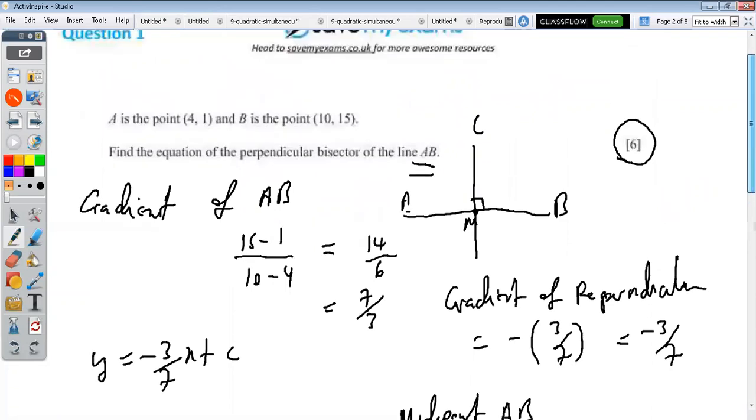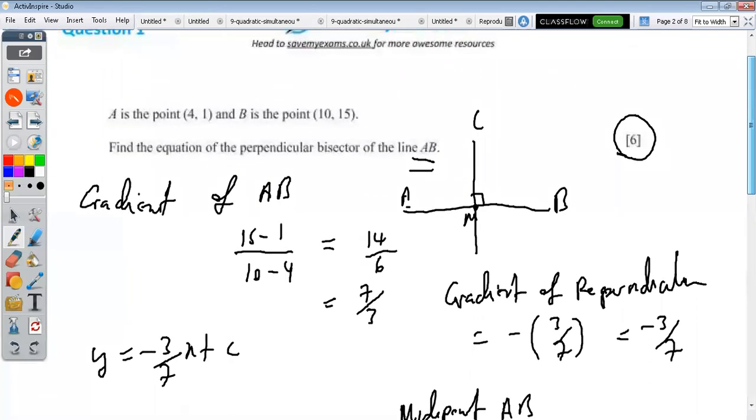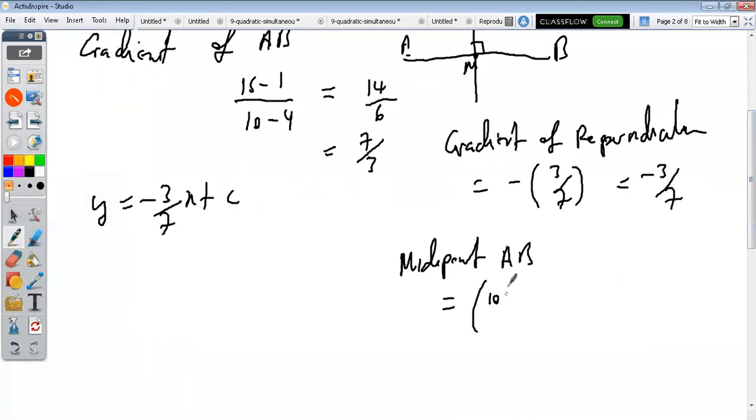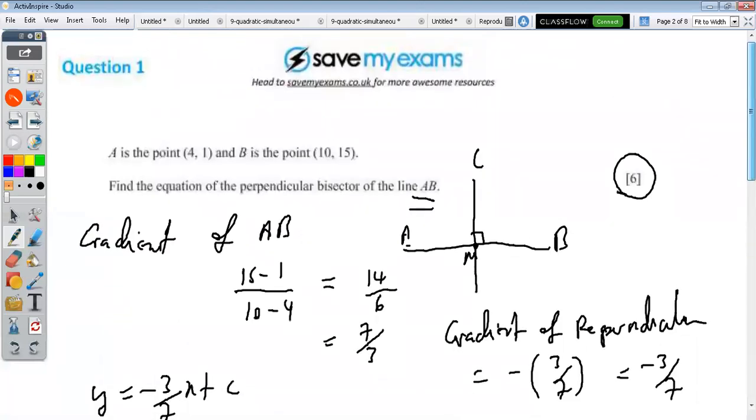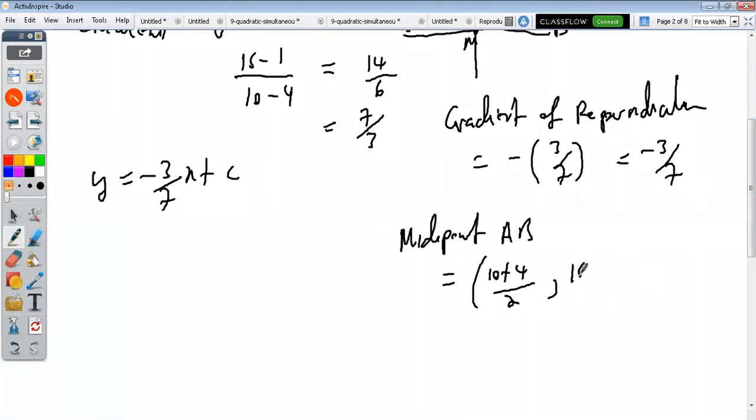It's simply x1 plus x2, so 10 plus 4 divided by 2. The y value is 16 plus 1 divided by 2. So what do you get? 7, and 16 plus 1 divided by 2 is 8.